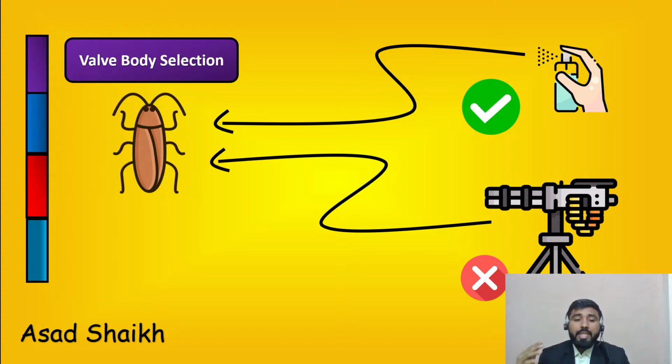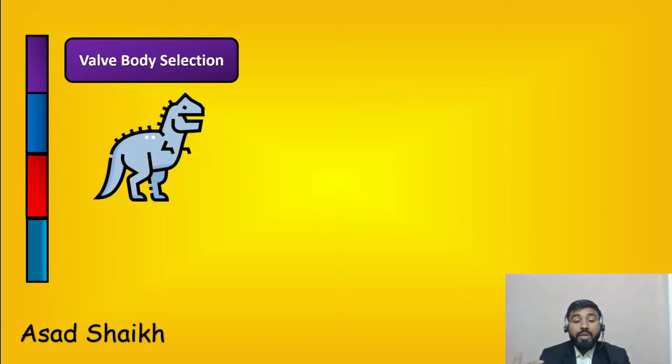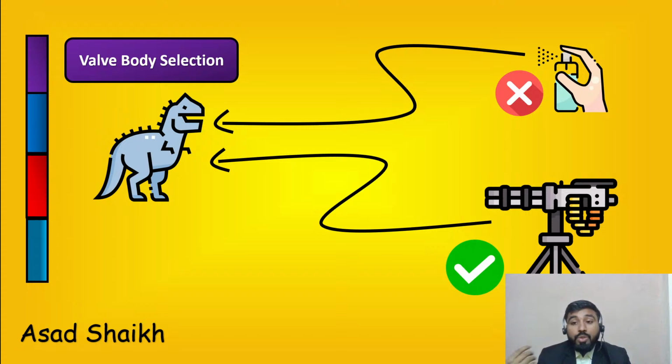So the first thing in the valve selection, which some of you said in the comments, is to understand the exact application. Once you know the application, we will go into details of what in the application you should know. But the point is, first you should know the application. Where do you want to apply the valve? And that is where we go forward. For example, if you have a dinosaur, your mosquito repellent would definitely not be sufficient for that case.